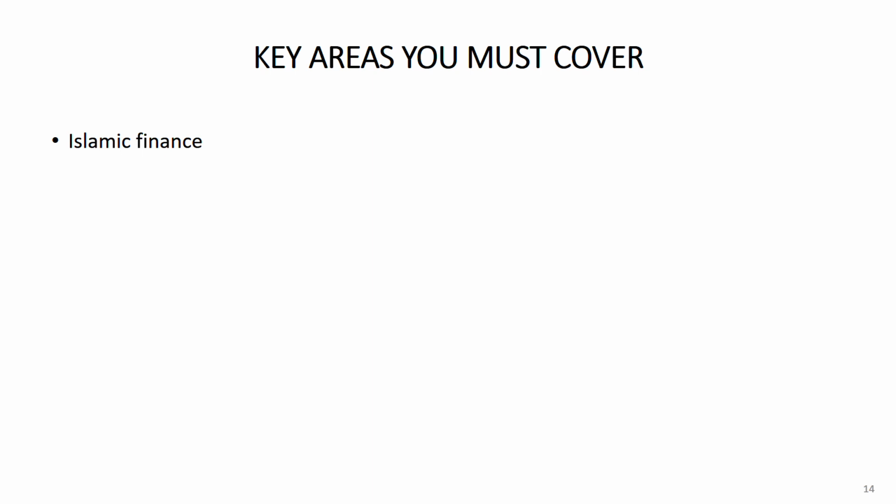Make sure that you know how to compare Islamic finance with the conventional method of finance, right? For example, Islamic finance does not allow speculation. You cannot speculate, you cannot bet, you cannot earn interest because it's haram. But in conventional finance, you can speculate. So these are some differences which you need to know.